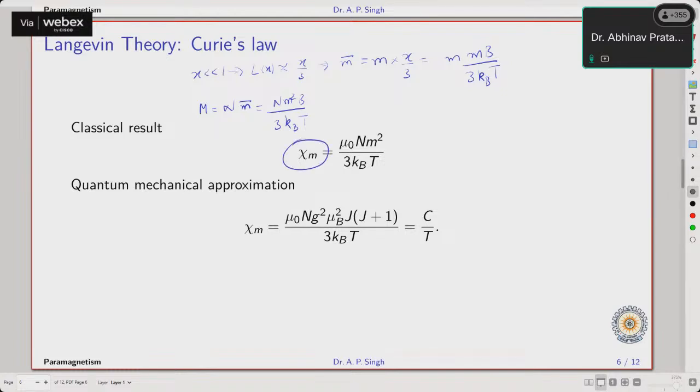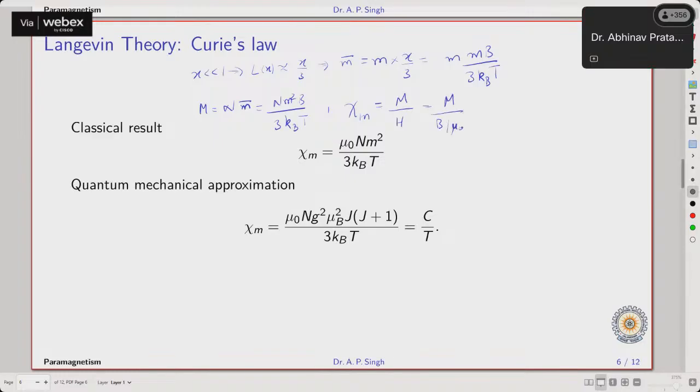And how do you find out the value of magnetic susceptibility? The magnetic susceptibility is found as, if you remember, magnetization over the auxiliary field. And what is the connection between auxiliary field and B? That is equal to, let me write it like this, B over mu naught.